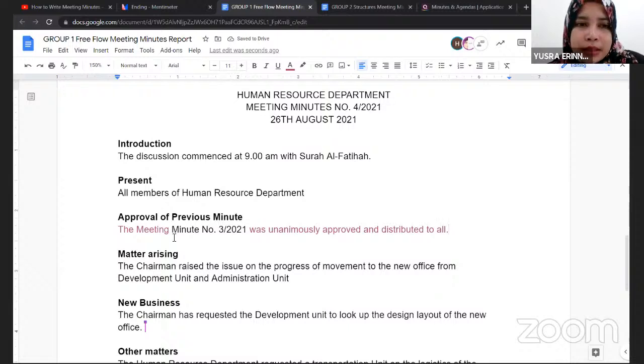If you just mention approval of previous minute, minute number 3/2021, people won't know what happened. Is it unanimously approved, or does it need to be amended?